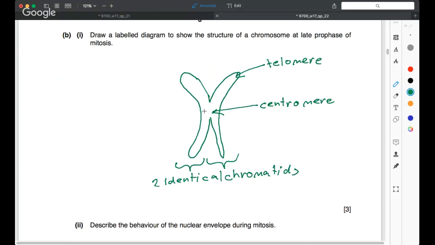You could draw 2 kinetochores. Yeah, that's good. Go for it. I don't know how big they are there, so that's why I didn't.